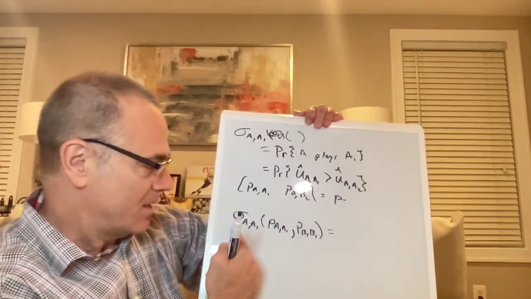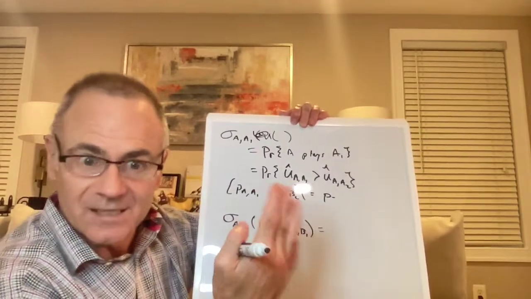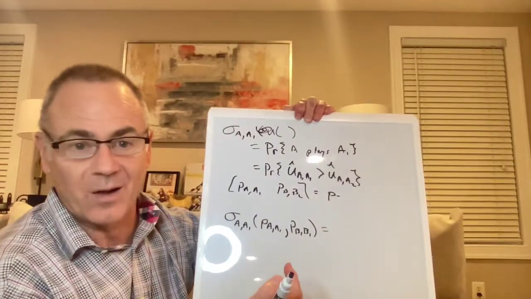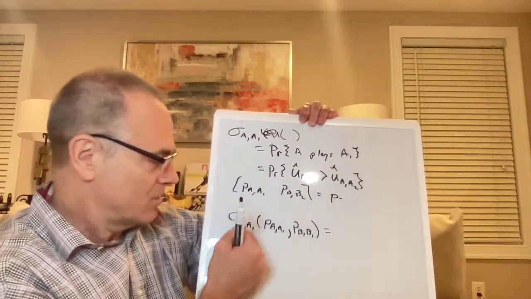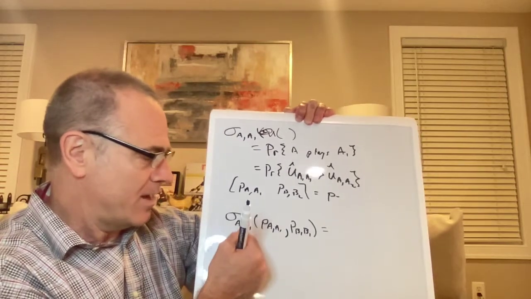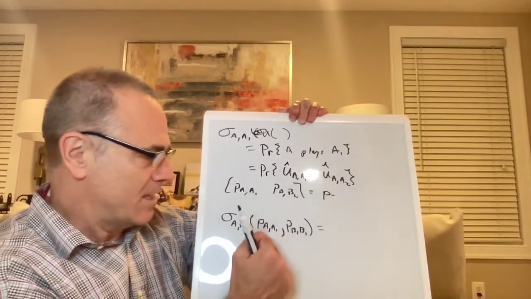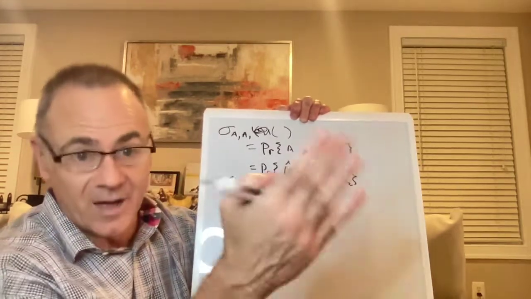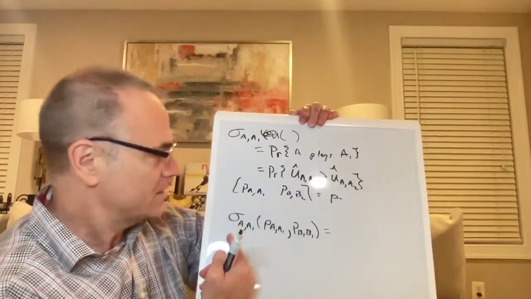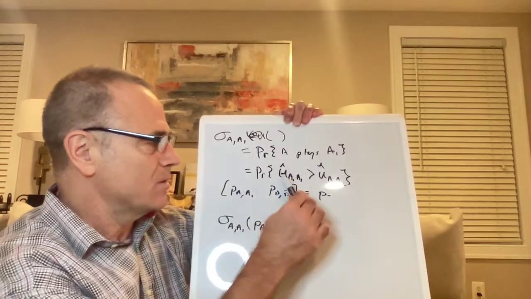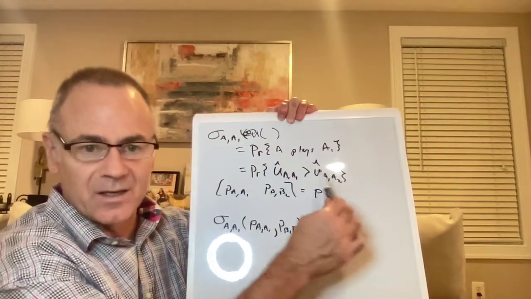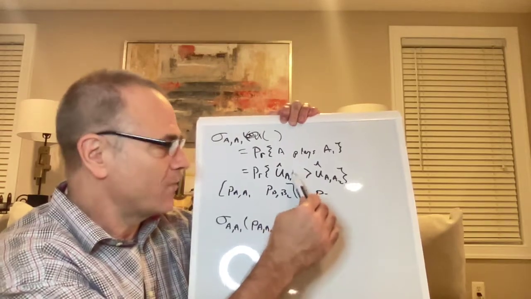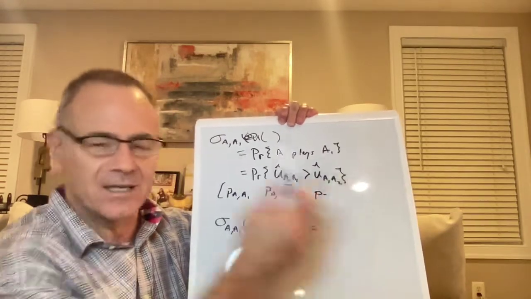So sigma AA1, think of this as the actual probability given the seed probability. Player A looks at PAA1, PBB1, what the equilibrium God says, and then asks, what's the probability that my utility from action A1 is going to be greater than from action A2.